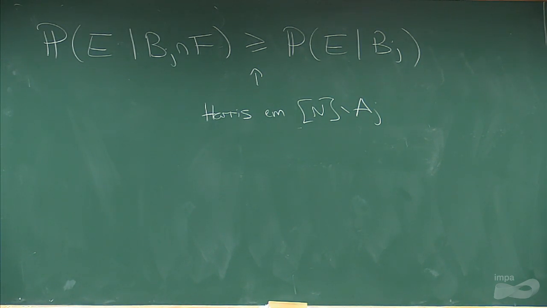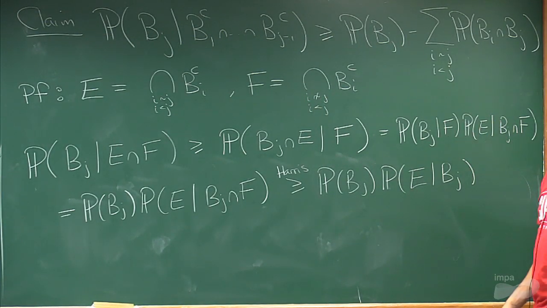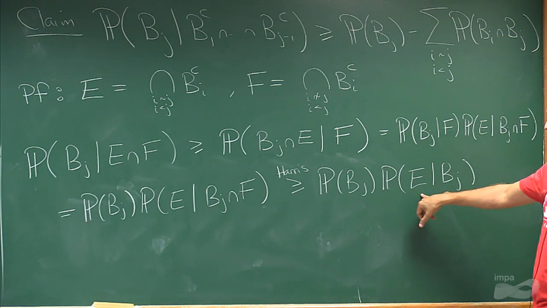So this is just Harris applied in this funny subworld where the event Bj occurs, where every one in Aj is 1. I mean, not so funny. Very simple subworld.